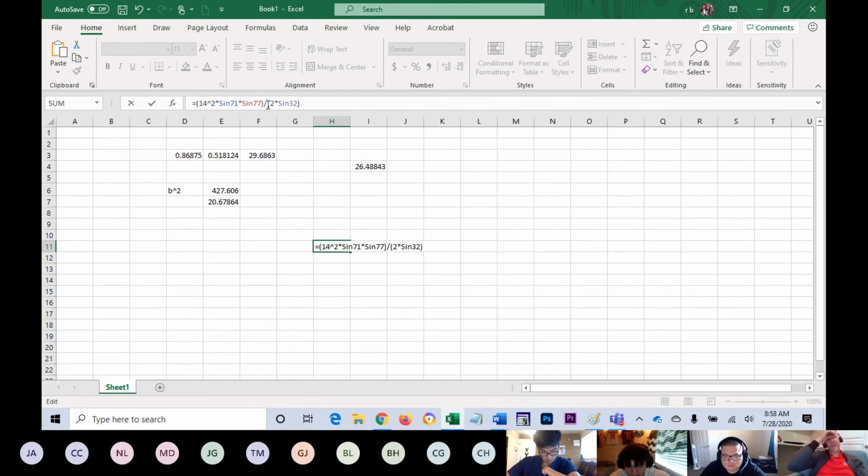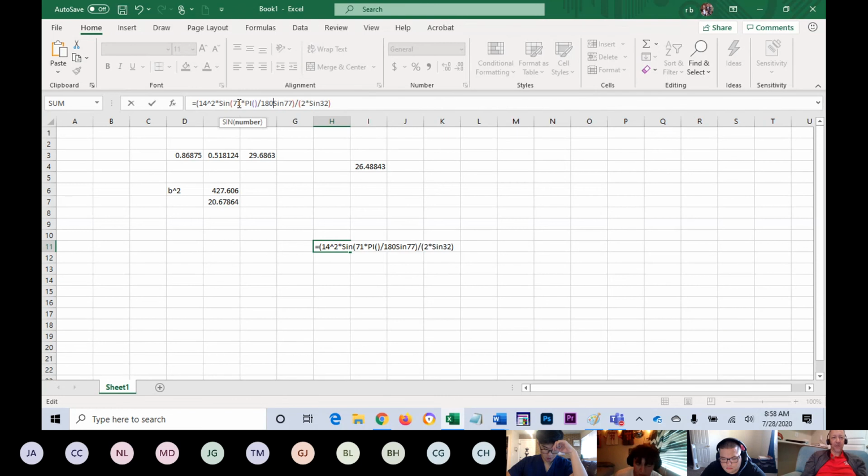Oh, except I've got to convert all these to degrees. What a pain in the butt. So 71 times, actually, can you help me with that? Pi over 180.